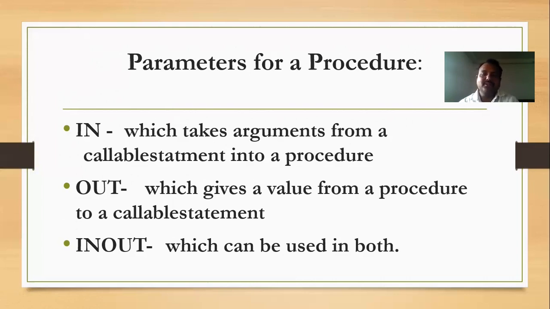Whenever I would like to return a value from a procedure onto my Java program, we declare those variables as out variables. And when I want to use a variable for both purposes, in and out, we use the keyword in out.